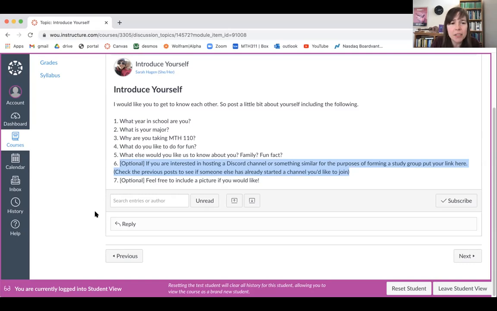But students have in the past set up their own Discord channels and talked to each other and set up study groups that way. So if you'd like to do that, this is your chance. And you can include a picture if you would like also, just to make yourself feel a little bit more connected to your classmates.